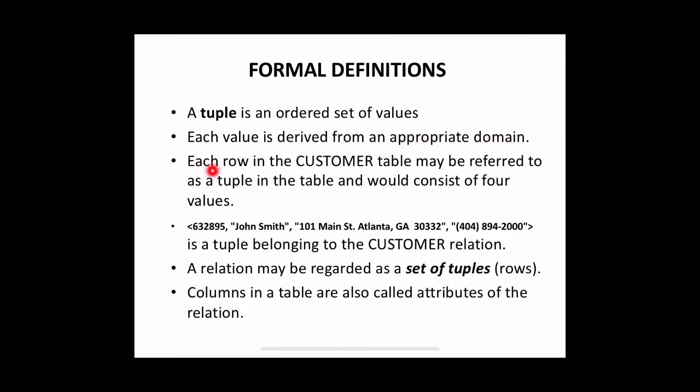For example, in our customer table, each row can be treated as a tuple consisting of 4 different values. The first value is always the customer ID, then the customer name, third the customer address, and fourth the customer's phone number. So we can say that a relation is a set of tuples or rows, and columns in a table can also be called attributes, just as in the ER model.